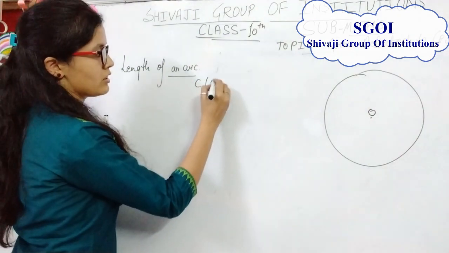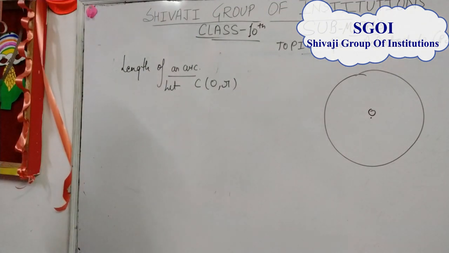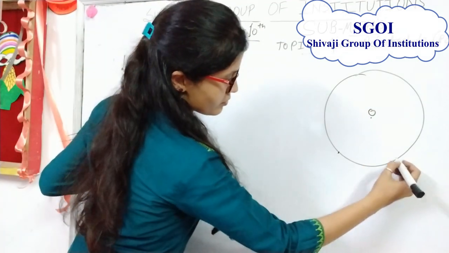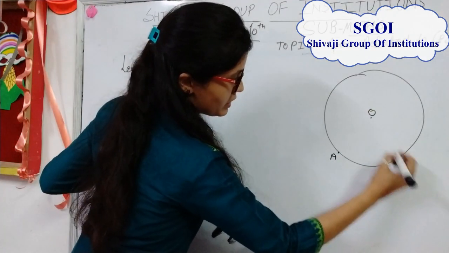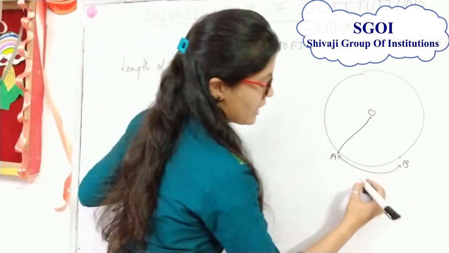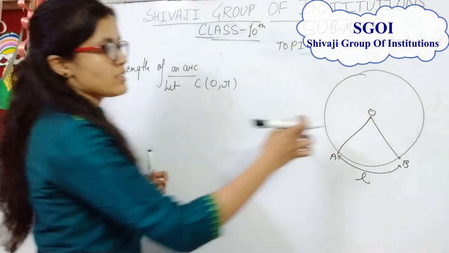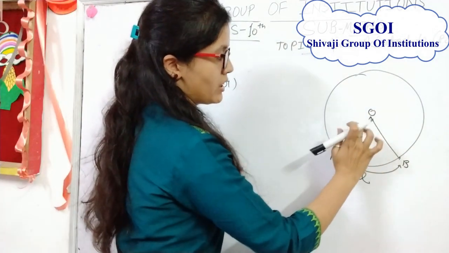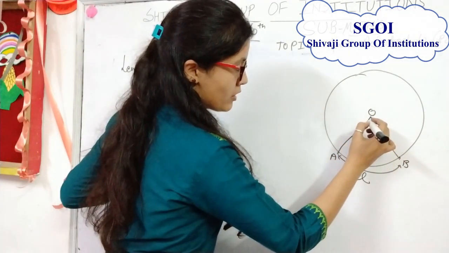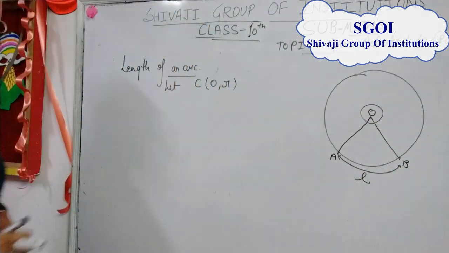We find the length of arc AB. Let the length of arc AB be L. Students, we know that when the central angle is 360, meaning this is a complete angle, then the whole arc is 2 pi r.